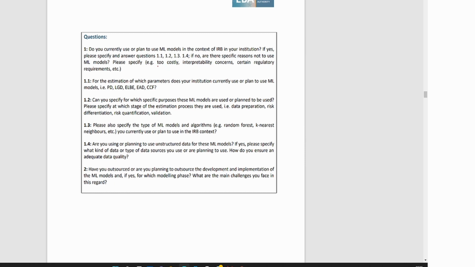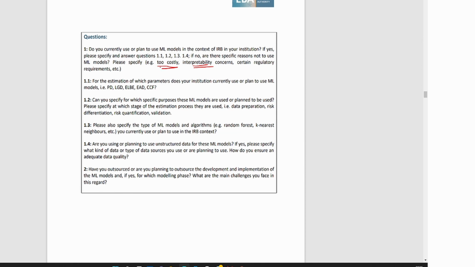Right. So regulators are interested to know what is stopping banks from using ML and AI in IRB model development. Is it only the regulatory requirements, or are there more things? Is it too costly to build ML models, or is interpretability the concern?